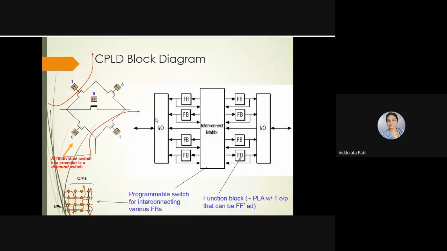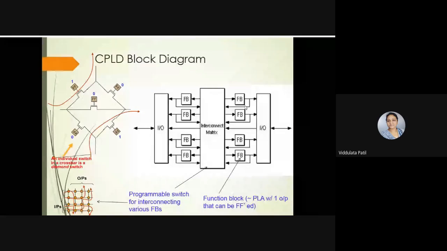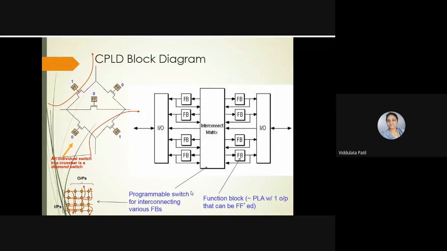Now these functional blocks are connected to the interconnection matrix, depending on the requirement. There you can do programming, and the output from this interconnection matrix could be given to another logic circuit, that is a PLA block, or it could be connected to the IO block. Now this programmable interconnect matrix will have a programmable switch for interconnection.